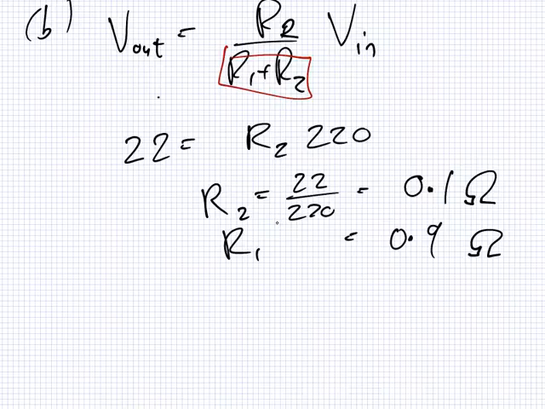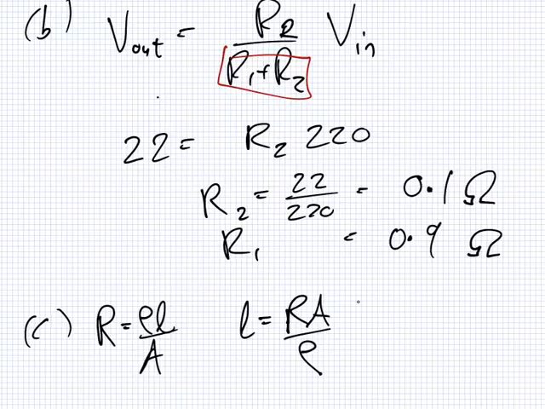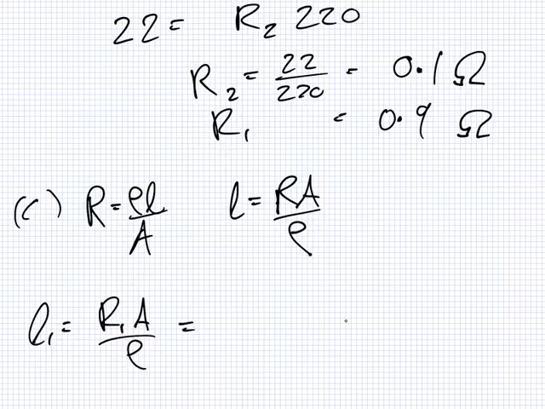Okay. Now C, what's the length? So you have R equals rho L over A, so L equals R A over rho. L1 equals R1 A over rho, and L2 equals R2 A over rho.